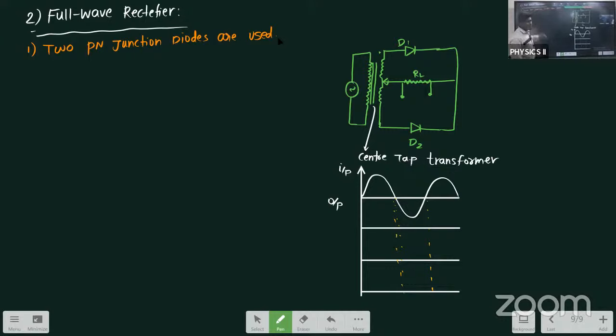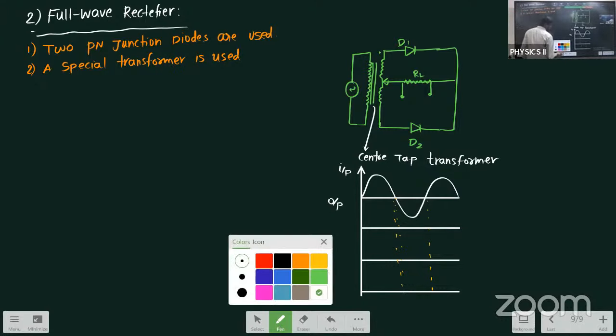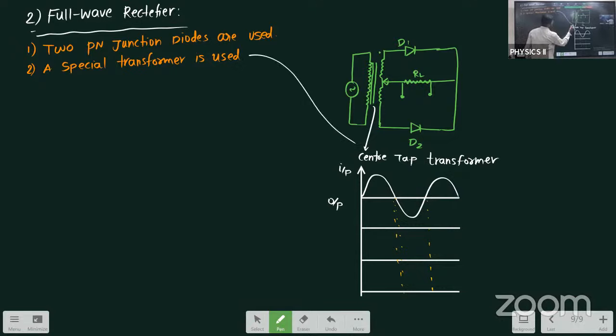Next, what is the second special point? A special transformer is used. What is the name of that special transformer? The center tap transformer.